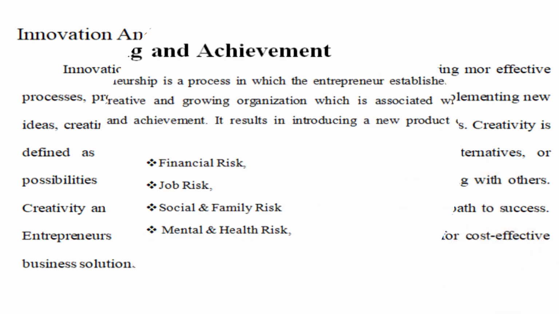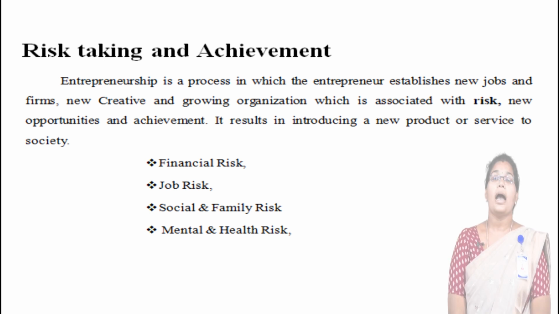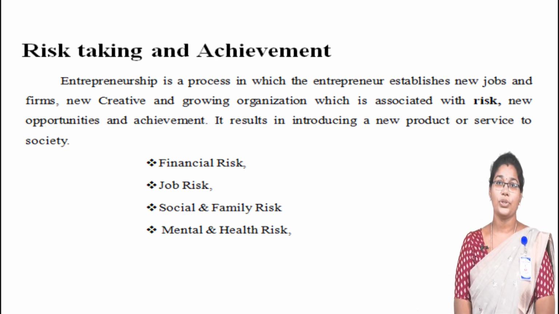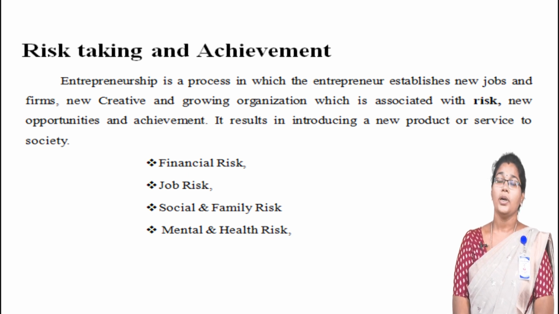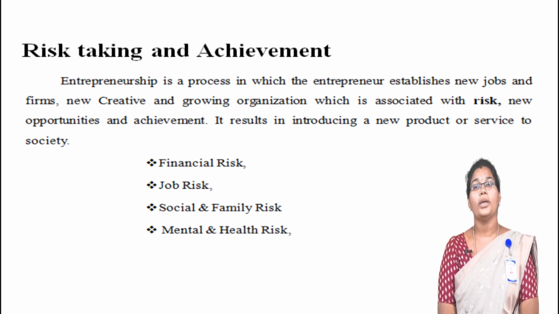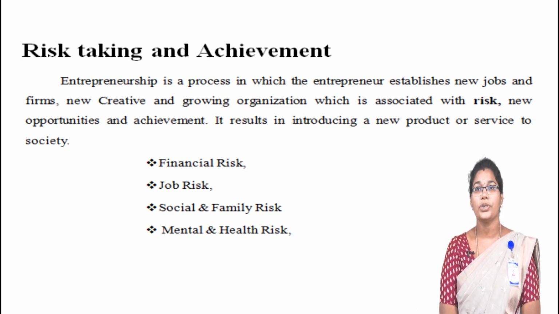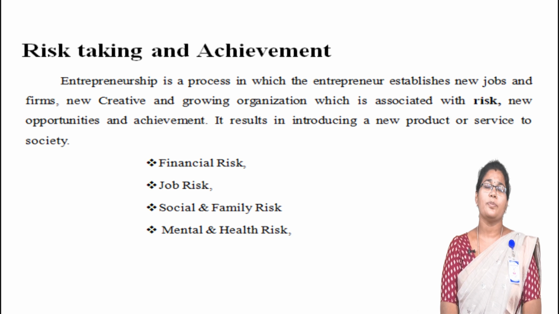So next one is risk taking and achievement. Entrepreneurship is a process in which the entrepreneur establishes new jobs and firms, new creative and growing organizations, which is associated with risk, new opportunities and achievements. Because entrepreneurs identify the business opportunities in our market.